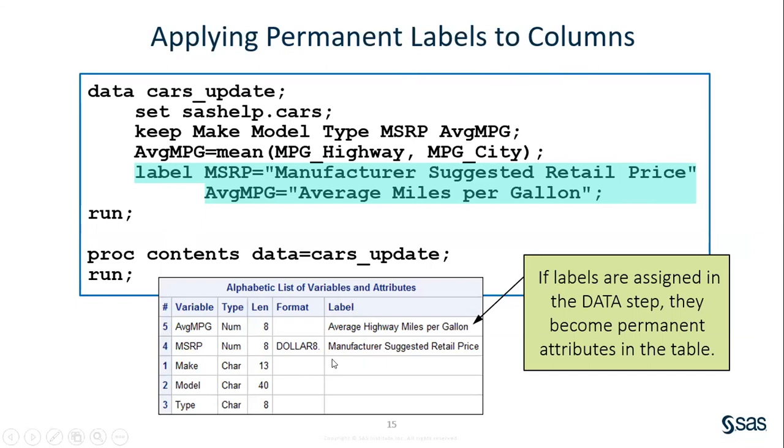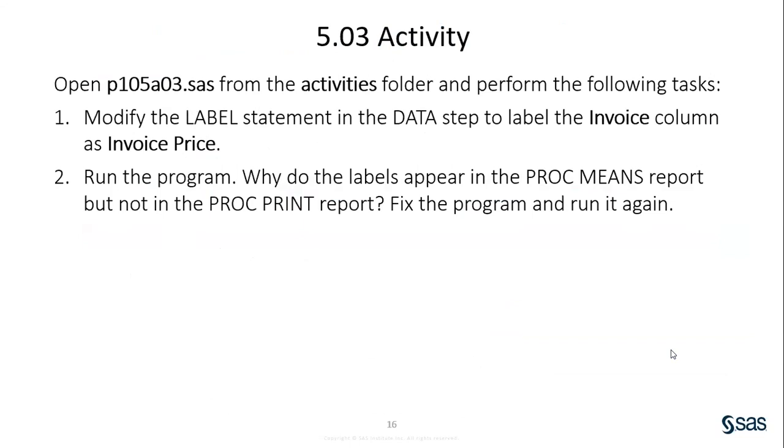When you see the contents, you see a fourth column of attributes in your alphabetic list of variables and attributes in proc contents, and these two columns have the permanent labels. If labels are assigned in a data step, they become permanent attributes in your table.